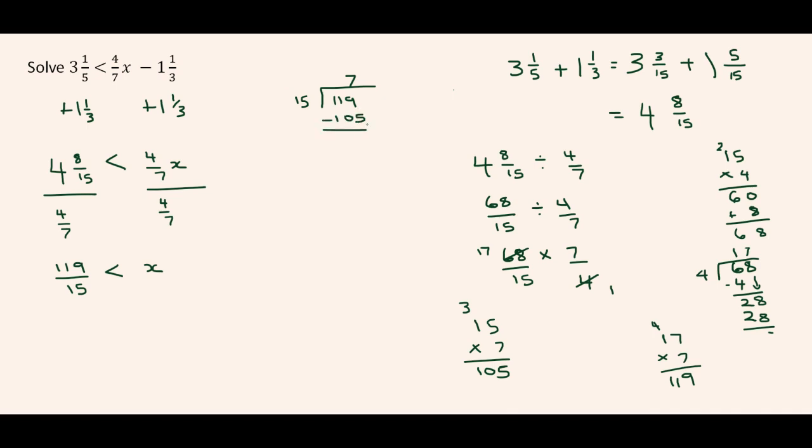Now we subtract, 9 minus 5 is 4, 1 minus 0 is 1. And so we have 714 over 15. So 714 over 15 is less than or equal to x, which means that x is greater than or equal to 714 over 15.